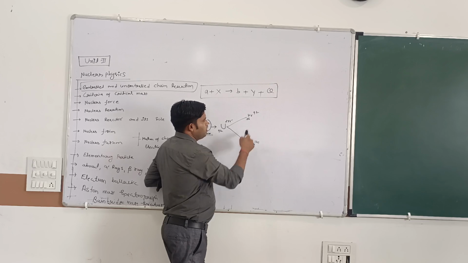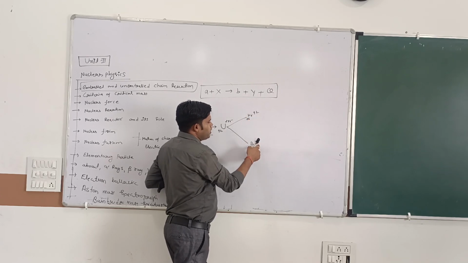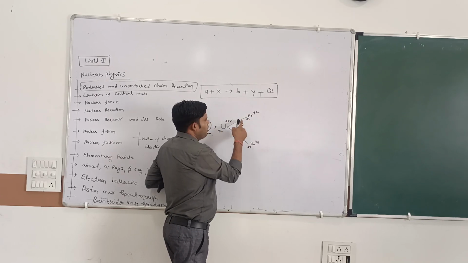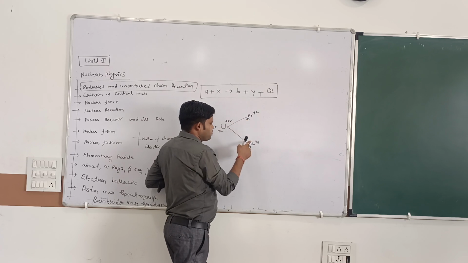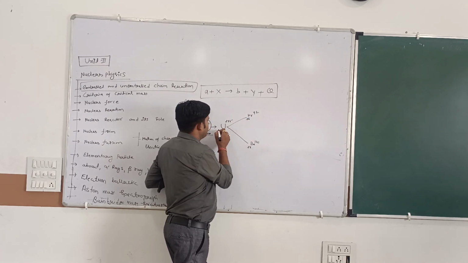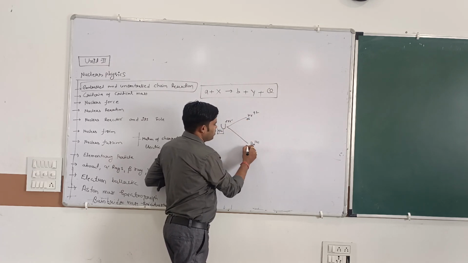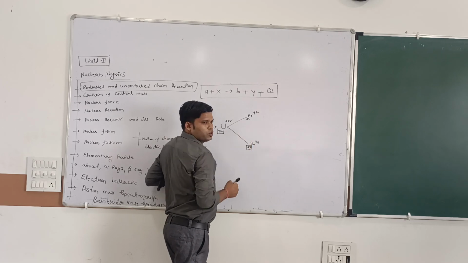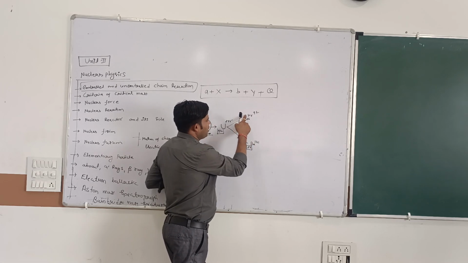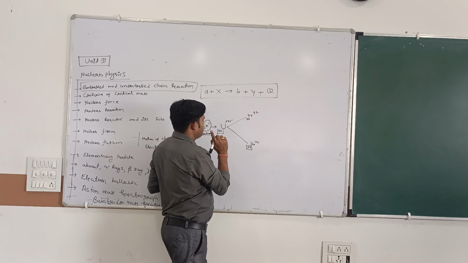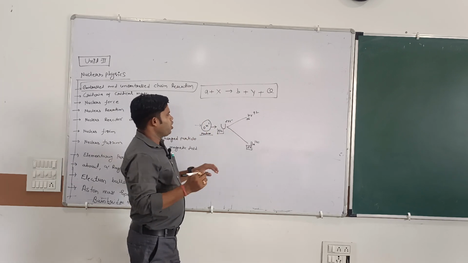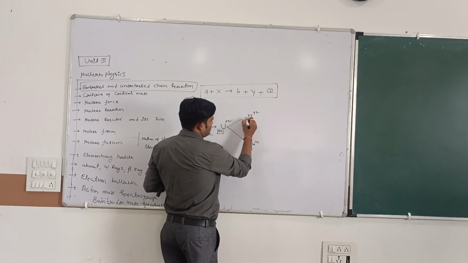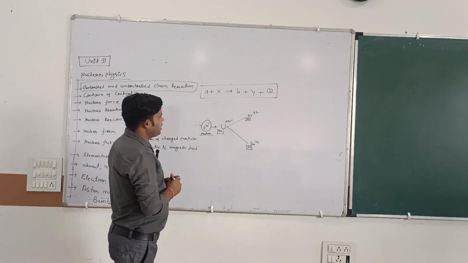If we add 36 plus 56, that is 92. 6 plus 6 is 12, that is 2, carry 1, 4 plus 5 is 9. The atomic mass is done.